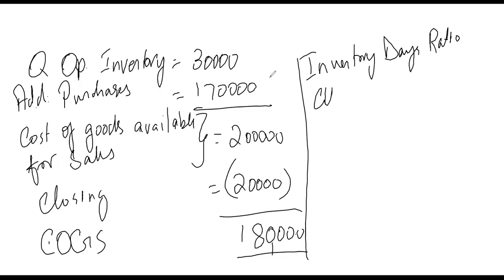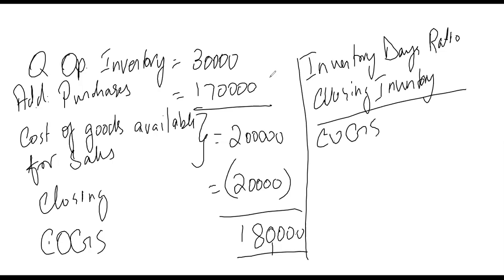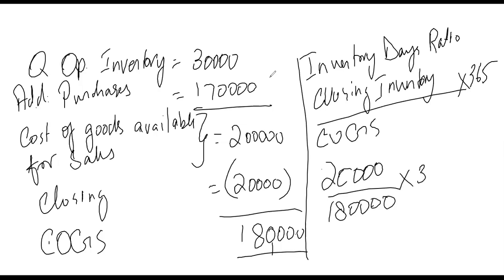Closing inventory divided by the cost of goods sold, multiplied by 365. So my closing inventory is 20,000. My cost of goods sold is 1,80,000, multiplying by 365. I guess you should have paused this video and calculated on your own.